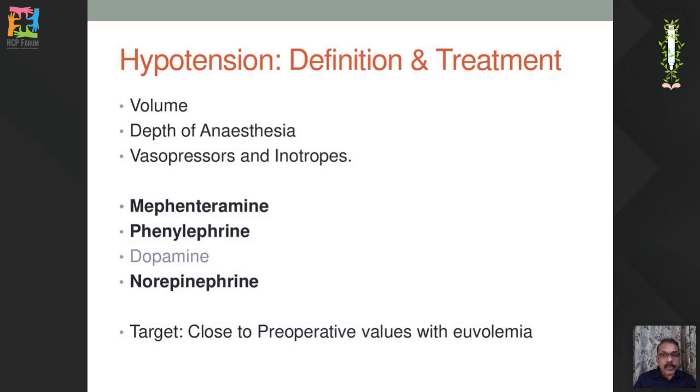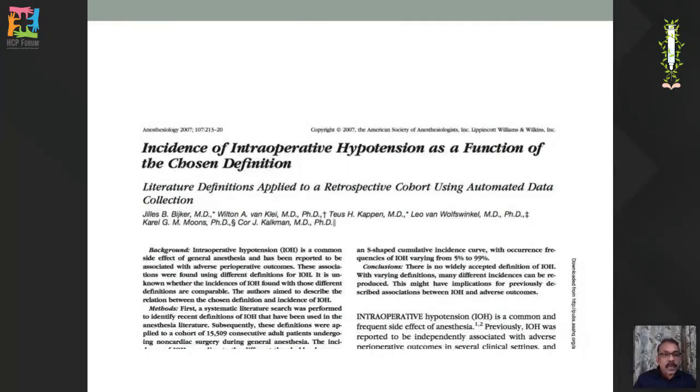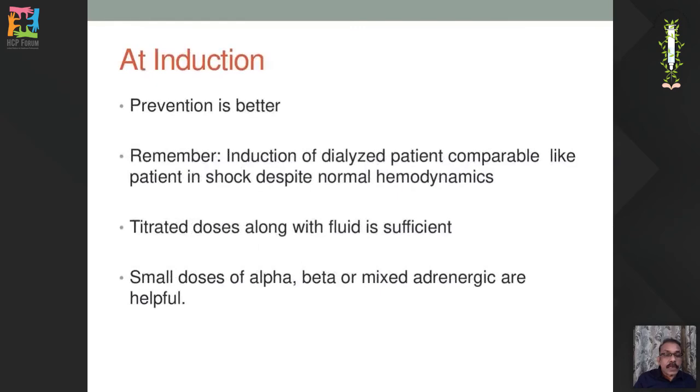You cannot give vasopressor with hypovolemia. Now, this is an interesting paper on the incidence of intraoperative hypotension. This paper found 140 definitions of hypotension in 130 different literature sources, so the incidence ranged from 5% to 90%.